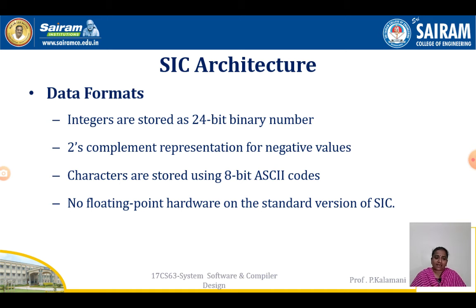And for character data we know in general 8-bit ASCII representation is used. ASCII is the American Standard Code for Information Interchange. And there is no floating point hardware in standard version of SIC. And if you take integer numbers, there may be negative integer numbers also. So in order to represent the negative numbers, 2's complement representation is used.